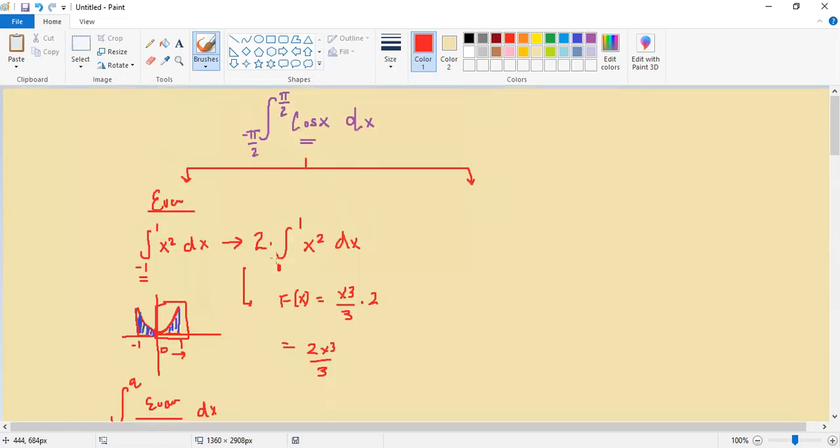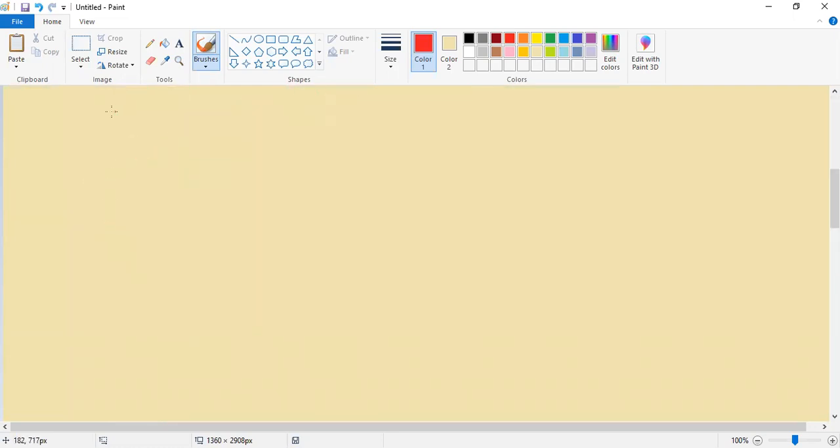So that is essentially the property for even functions, where if we were told to find the antiderivative on an interval from negative a to a of a function which is even, then this would equal 2 multiplied by the antiderivative on the interval 0 to a of that function, and that would essentially be the area of the bounded region.